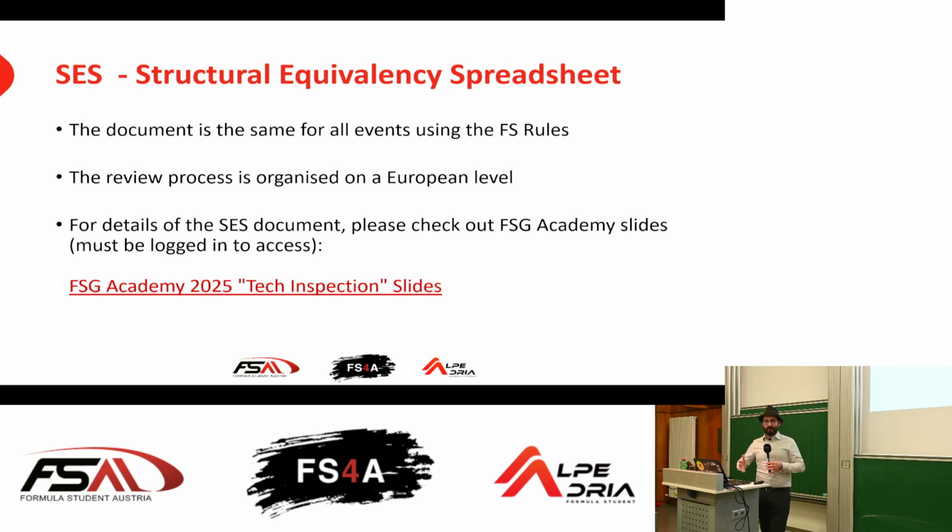Of course, I cannot speak for competitions which use other rules, but within mainland Europe, which in this case has to exclude Italy, every competition which uses the FS rules uses the same SCS template, and we are all organized in one group to review these documents. So we are in one big review group.